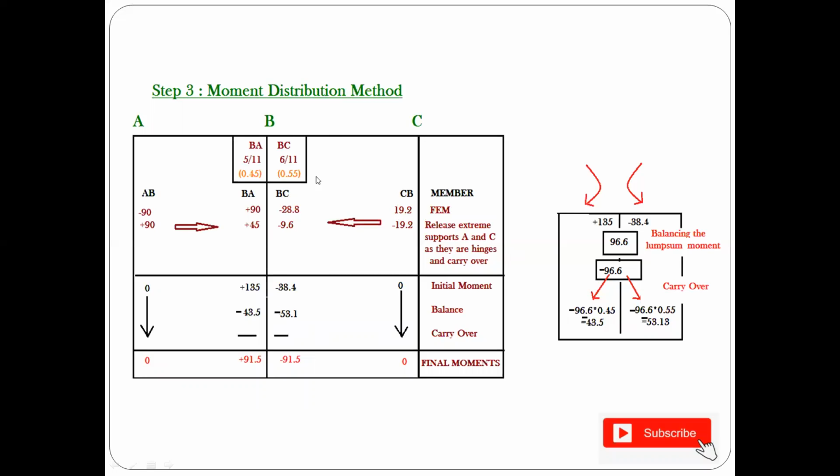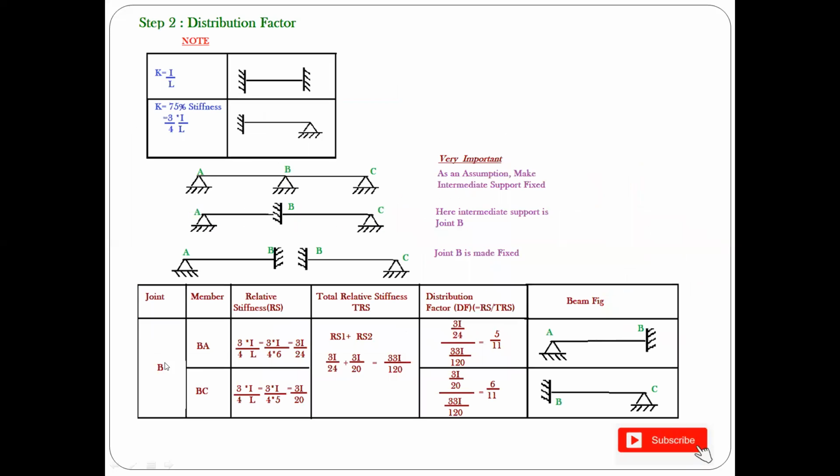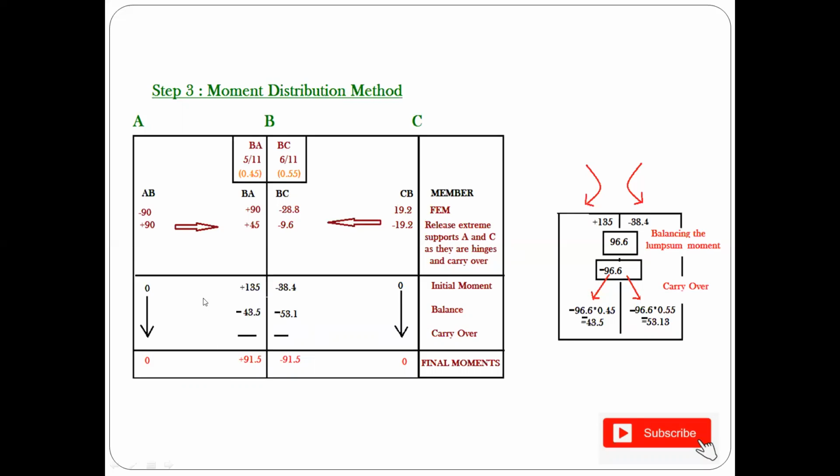Make a small box near joint B, or whichever joint you wrote in your previous tabular column. For BA and BC, it should have a box in the next place, writing 5 by 11 and 6 by 11, giving ratios of 0.45 and 0.55. Another important thing: when you add the distribution factors of BA and BC, you should always get 1.